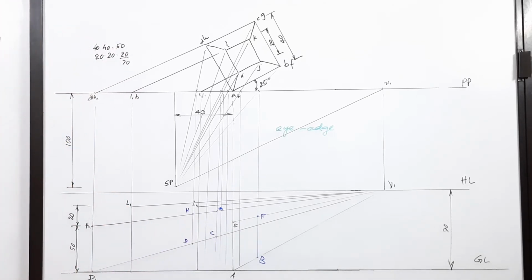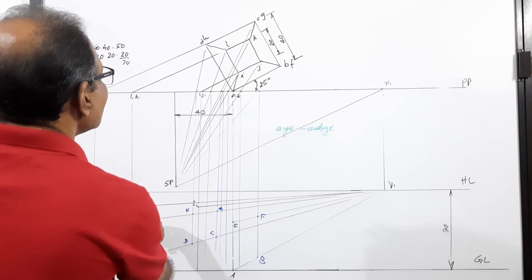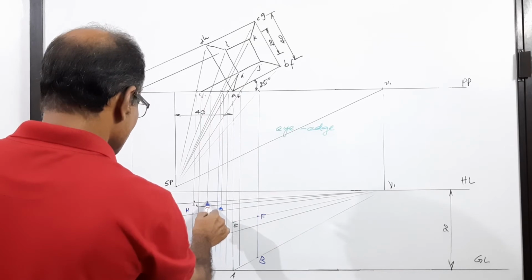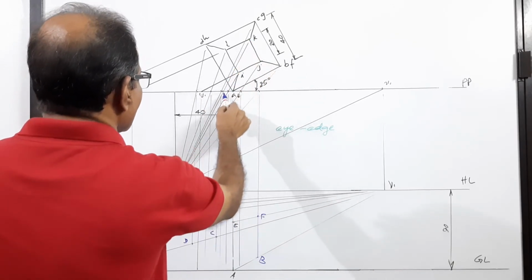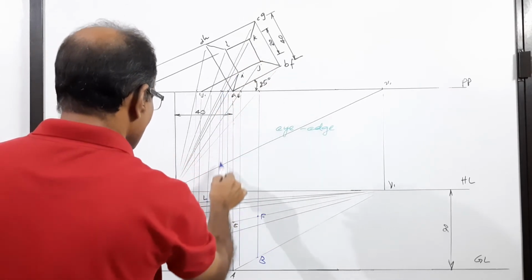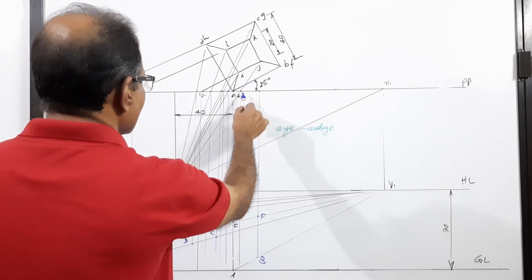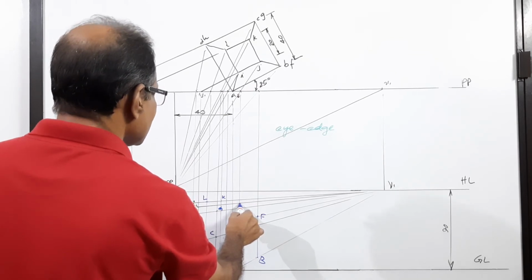Agreed? Then L. What is this? L. What is this? K. What is this?